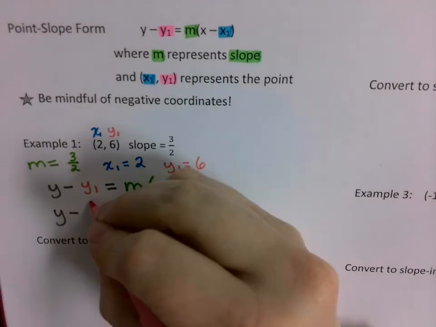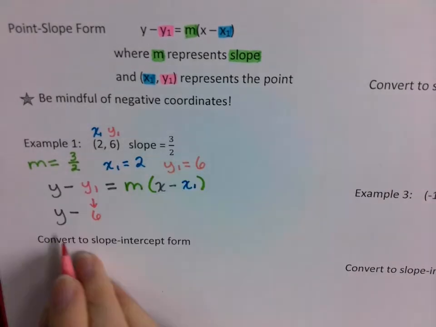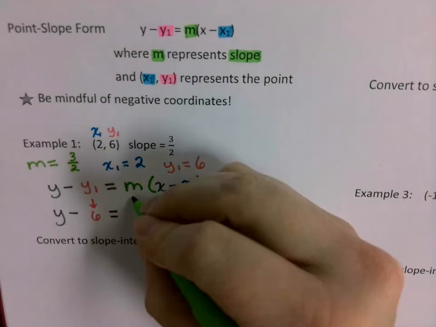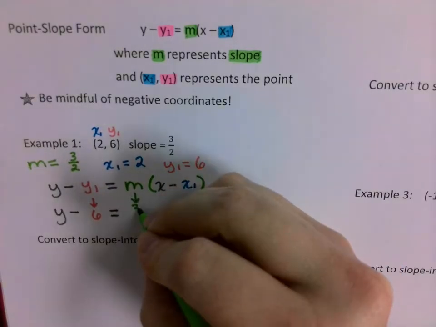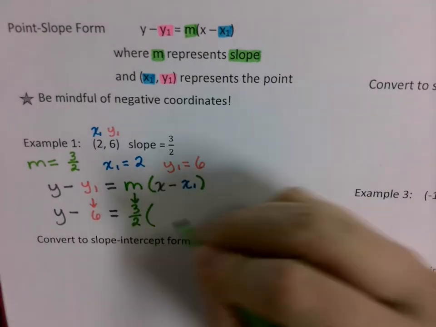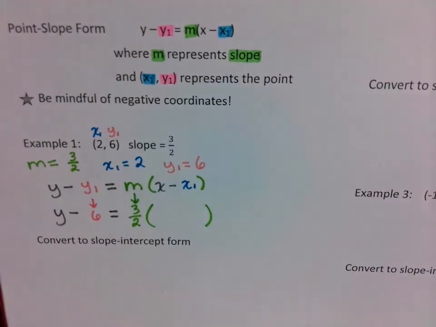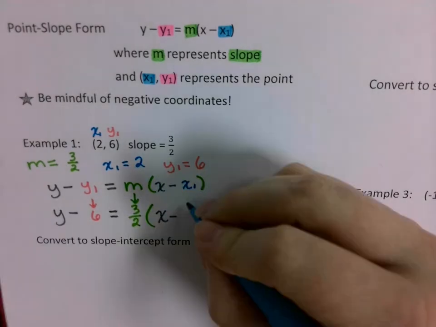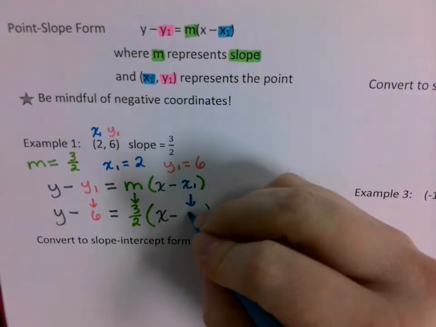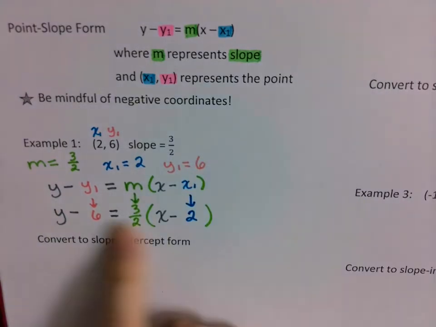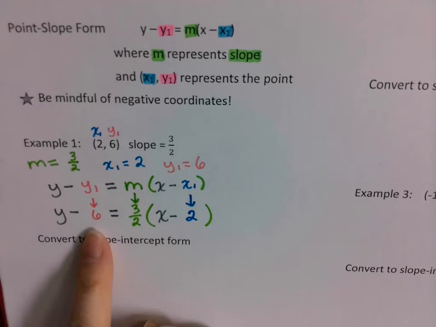So it's y minus 6, equal to, instead of m, 3/2. And then in parentheses, I'm going to have x minus, and instead of x1, I'm going to put a 2. So this is the equation written in point slope form.